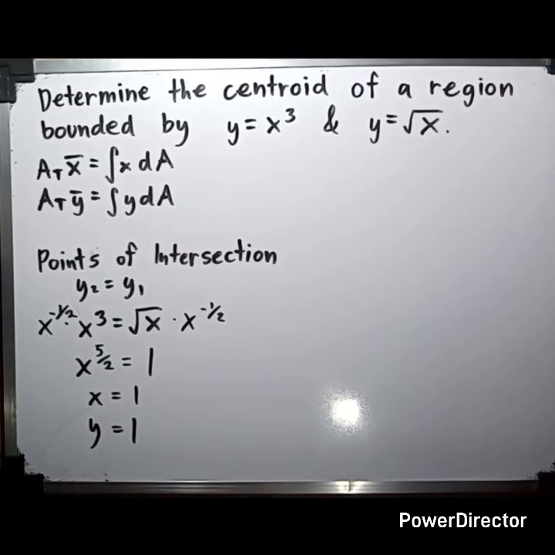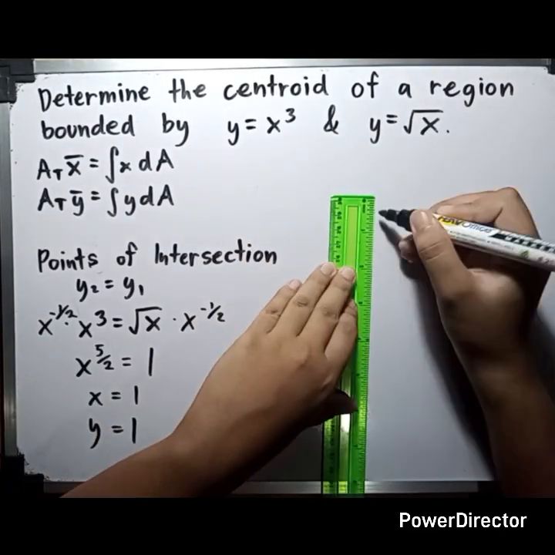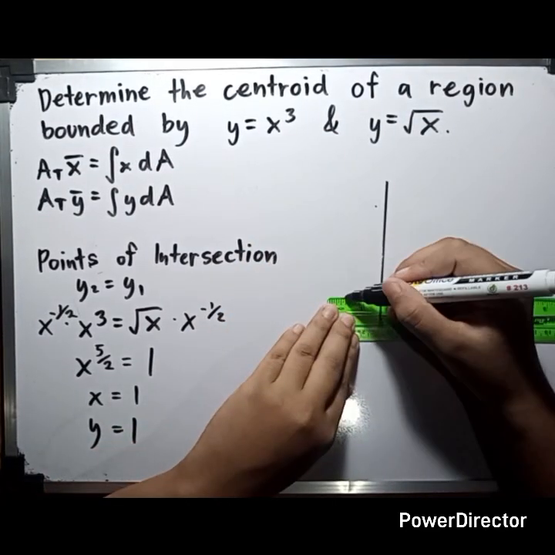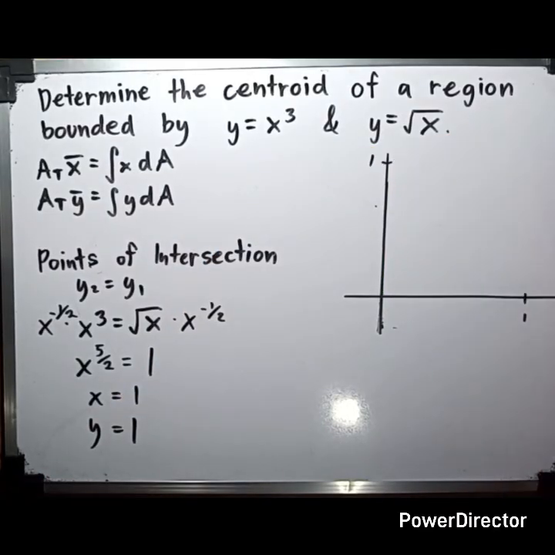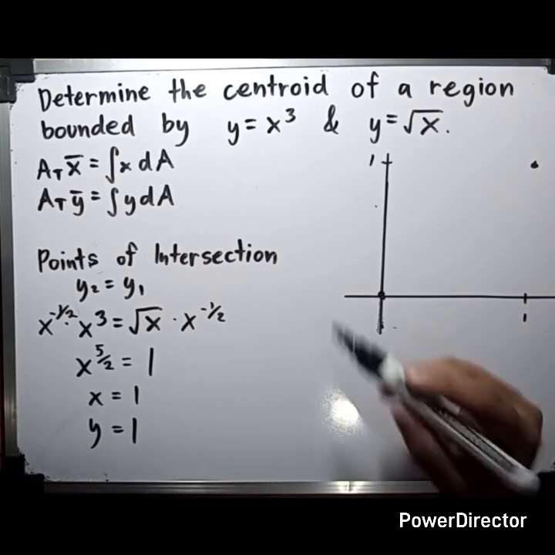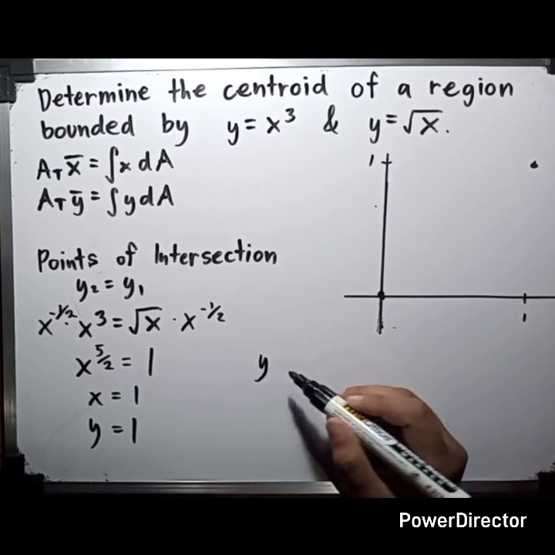Use either of the given functions, inputting x equals 1, to find the y value. We can plot our points of intersection. We also have the intersection at the origin, since if we input the 0 value in either of the two given functions, the other value is also equal to 0.